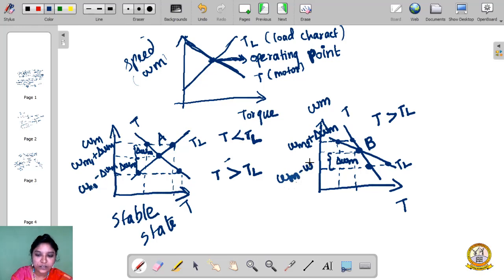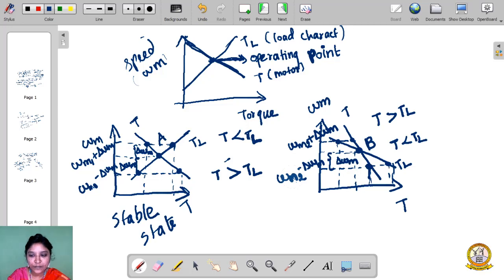So minus del omega m. For the second case, I am considering this as omega m2; for the first case, I mentioned omega m1. If you see this condition, T will be less than TL.